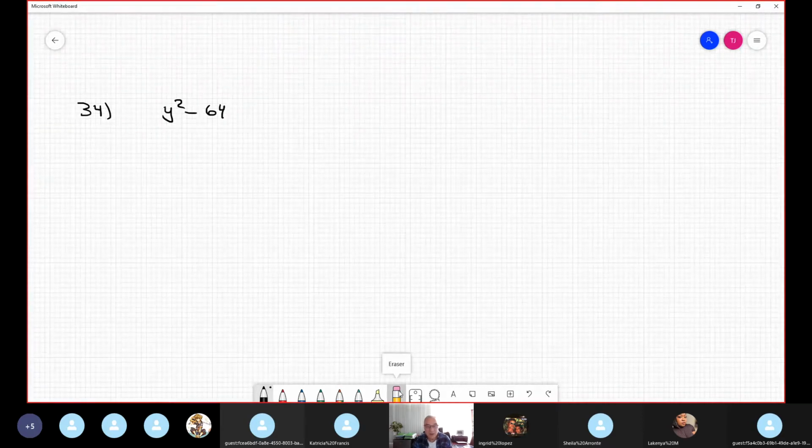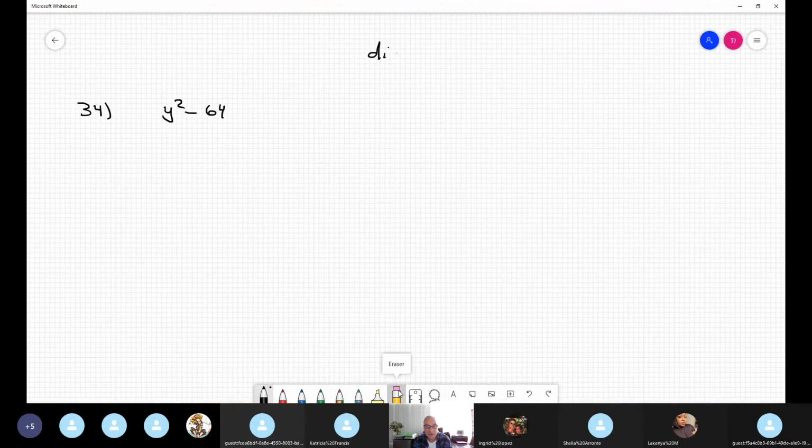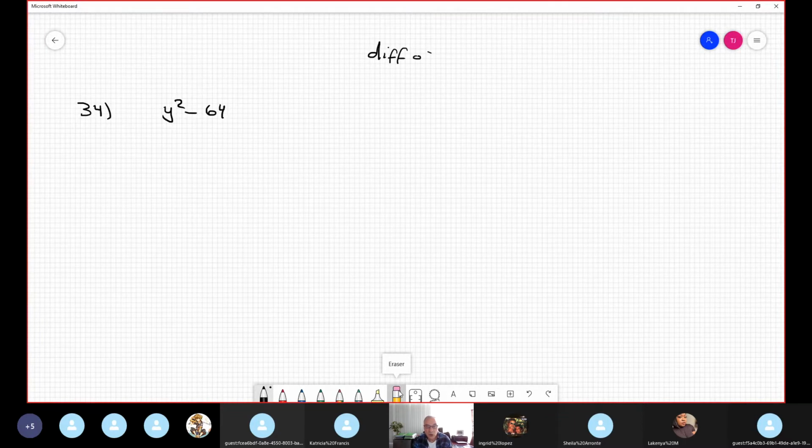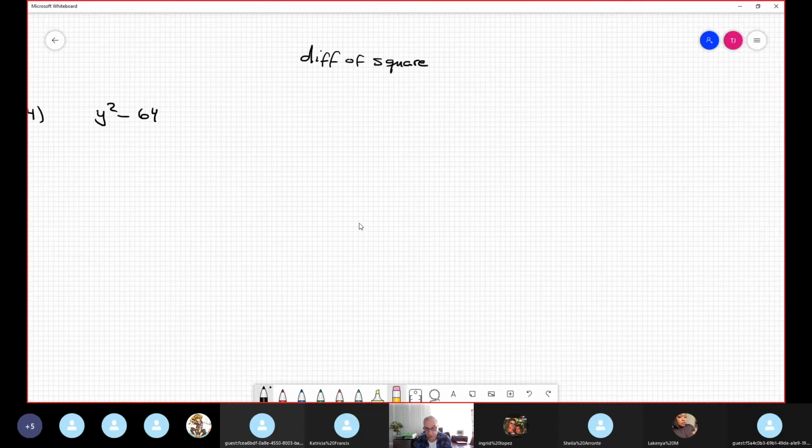The first one is called a difference of squares. The general formula that you need to memorize, or see in your notebook, is a squared minus b squared. The factorization is (a plus b)(a minus b).